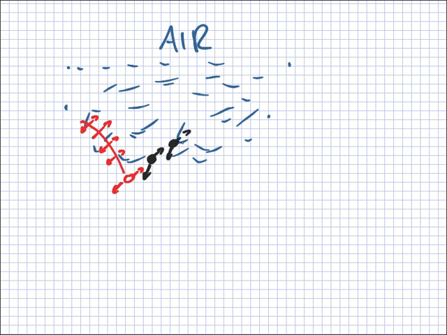But these stop. So it's like you have one here, it's vibrating, it hits that one and makes that one vibrate, and this one stops. And then that hits another one and makes that one vibrate. So the wave moves out like this. But the particles aren't moving. It's just one particle hits the next one, and then that hits the next one, and it moves out like that. So the oscillations are parallel to the direction.